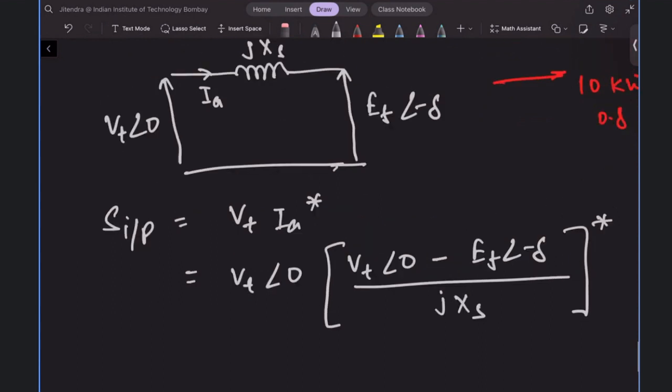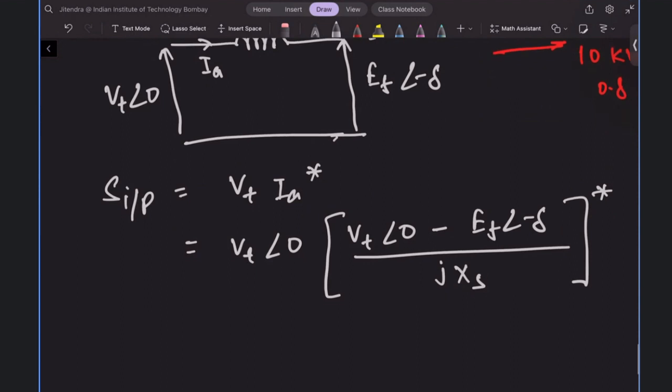Because whenever power flows from the higher end to the lower end, the higher end has the highest load angle compared to the lower end, the side of the sink compared to the side of the source.